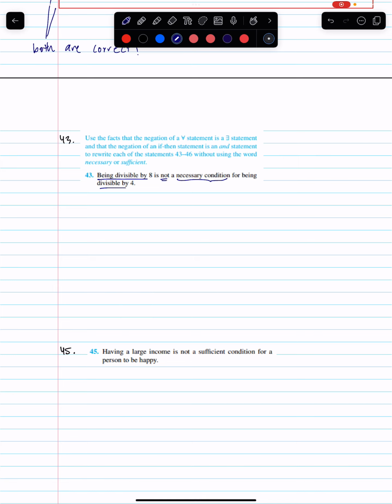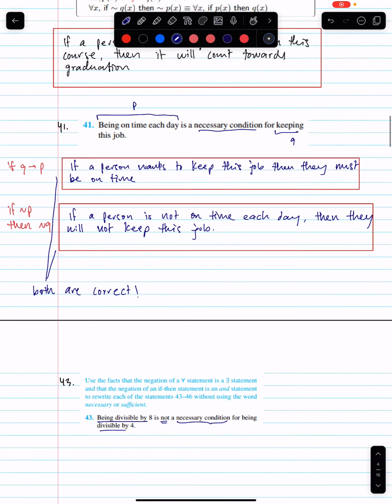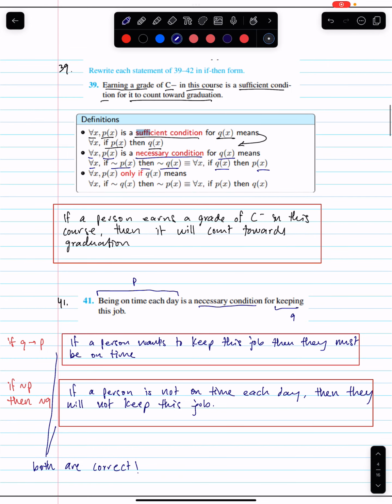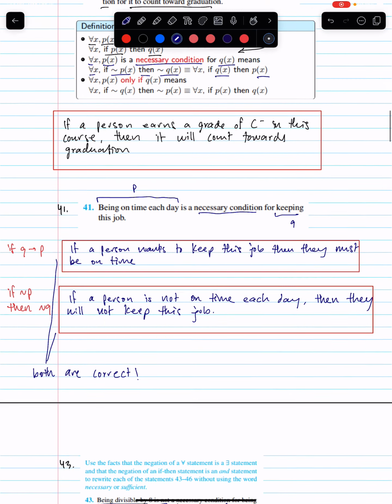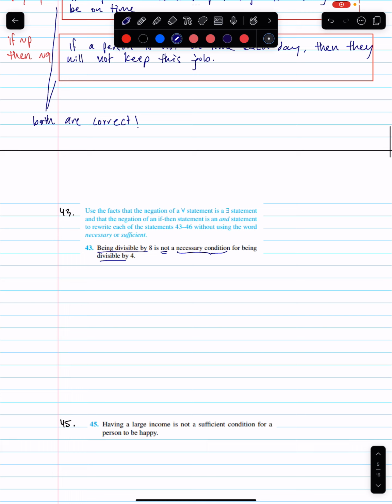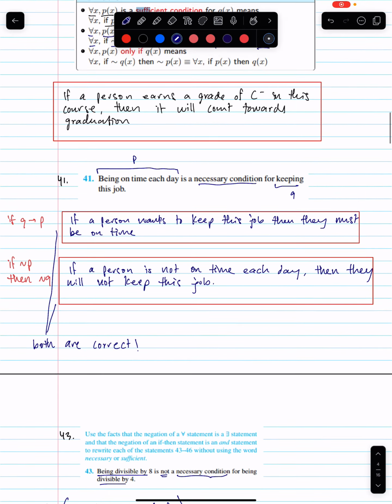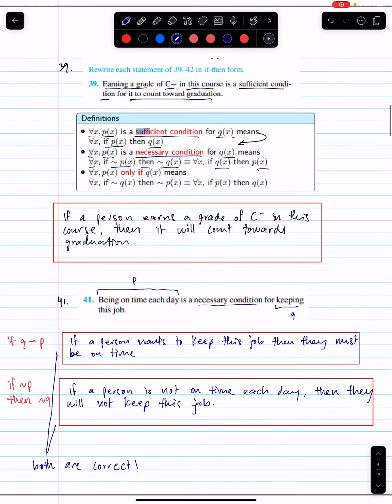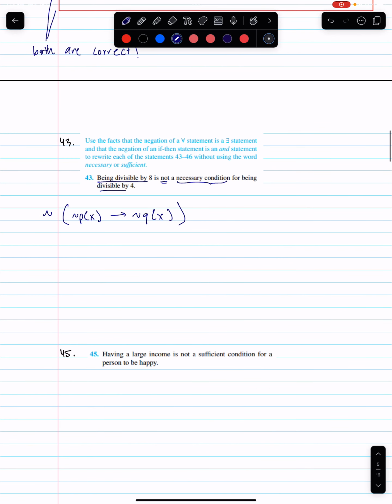So first, let's see what a necessary is again, right? Necessary means if not P of x, then not Q of x, right? But then it says it is not a necessary condition. So what does that mean? We have to negate this whole thing.